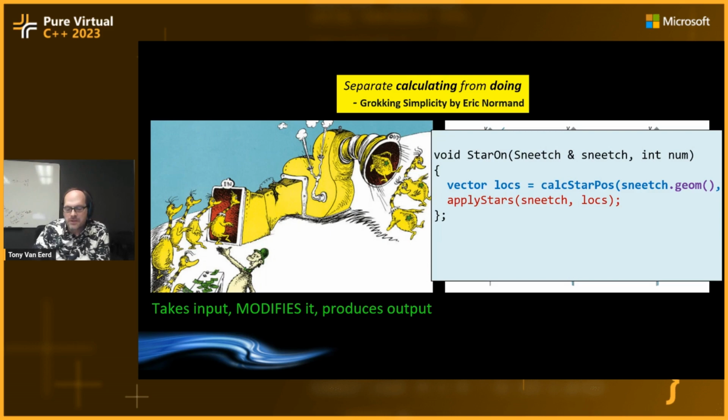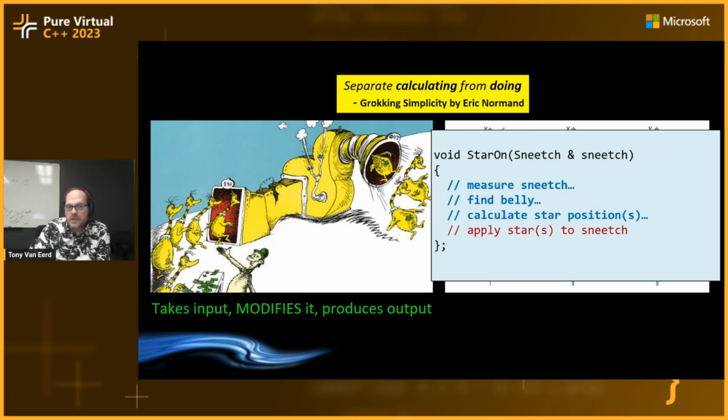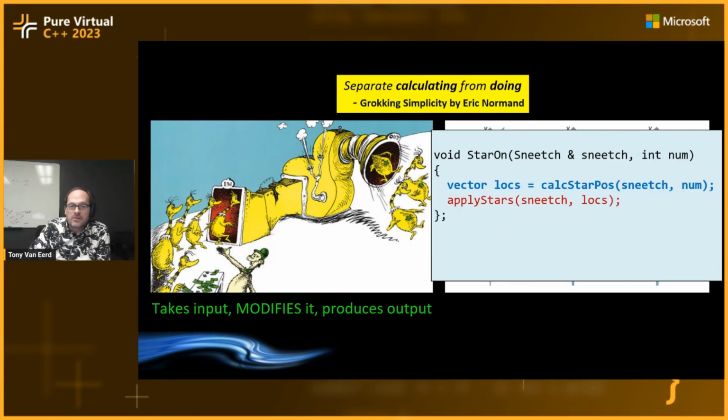But you've separated your code so that let's say three quarters of it is now calculating, and only one part does. As it probably turns out, calculating the star position is a lot harder than applying the star. Applying the star is usually just writing your values into your document or something like that.